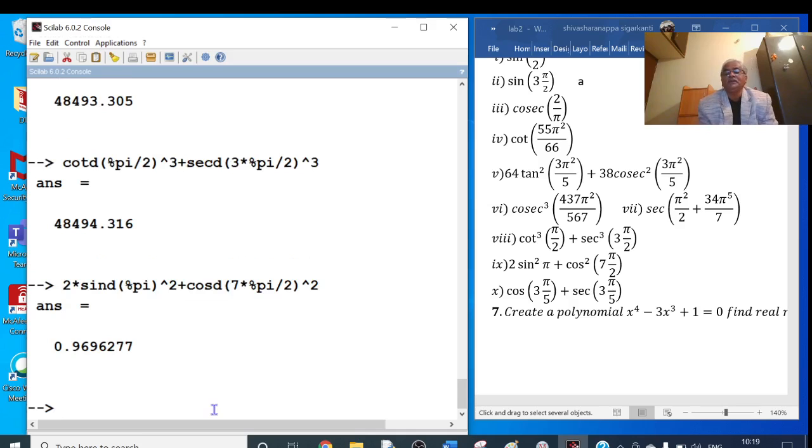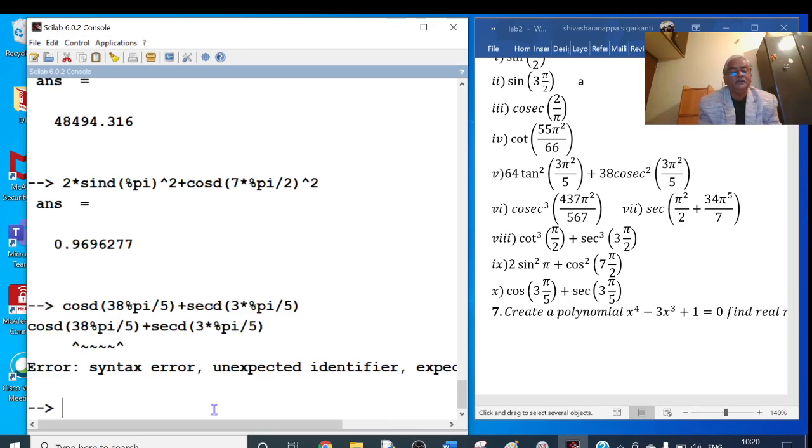Next example, cos 3 pi by 5 plus secant 3 pi by 5. Cos d, 3 star percent pi by 5, bracket close, plus secd, bracket open, 3 star percent pi by 5, bracket close.